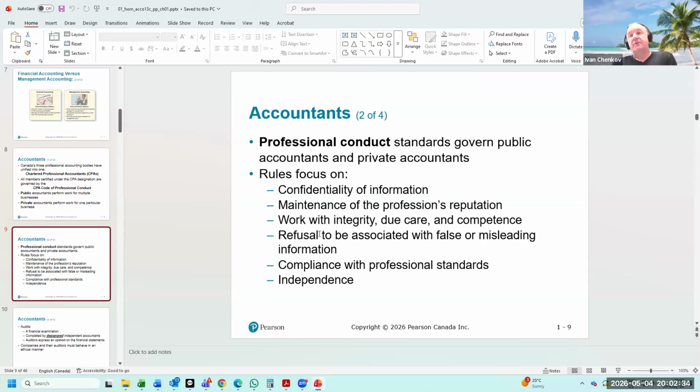Due care means we have to see things before they happen, and usually we do. So if you want to predict the future, join the club. Then a refusal to be associated with false or misleading statements, compliance with the standards set up by the profession, and independence.